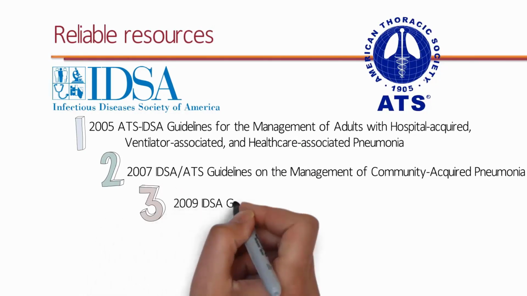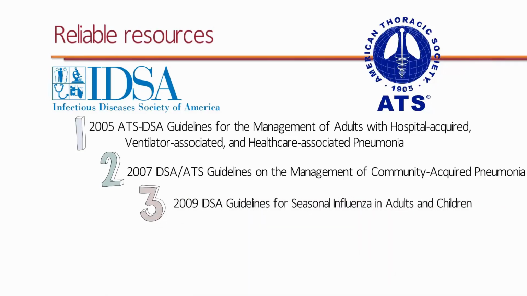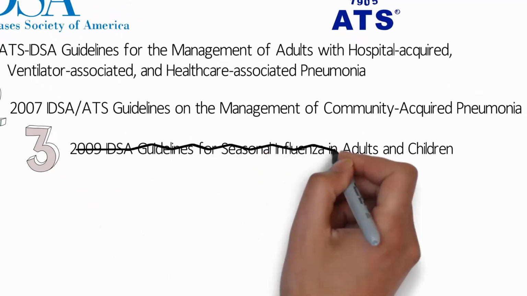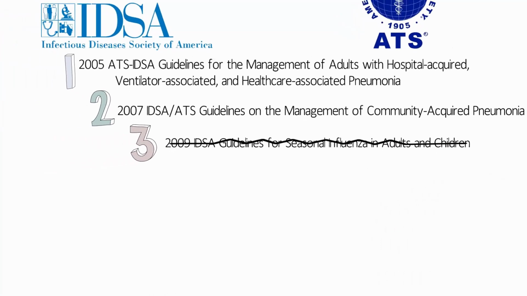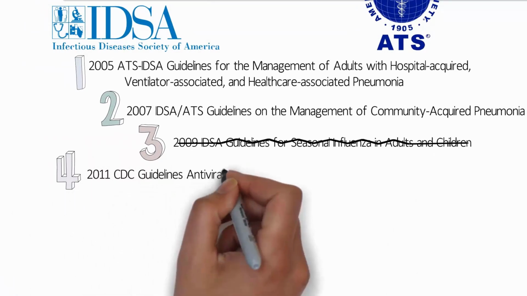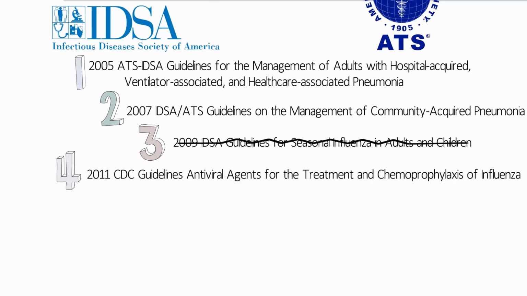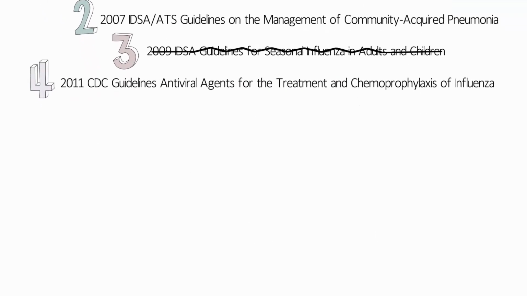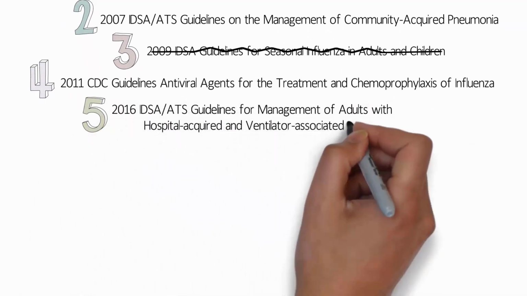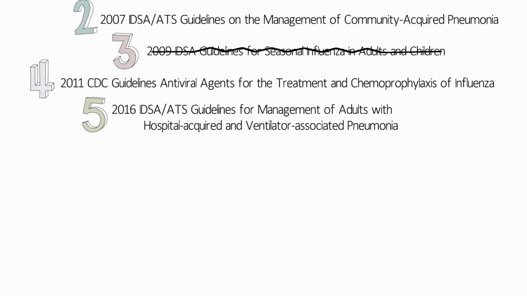Now, there was a 2009 IDSA guidelines for seasonal influenza in adults and children, but this guideline is no longer used because it's outdated. Instead, we use the 2011 CDC guidelines for antiviral agents for the treatment and chemoprophylaxis of influenza. There's also the 2016 IDSA ATS guidelines for management of adults with hospital-acquired and ventilator-associated pneumonia.